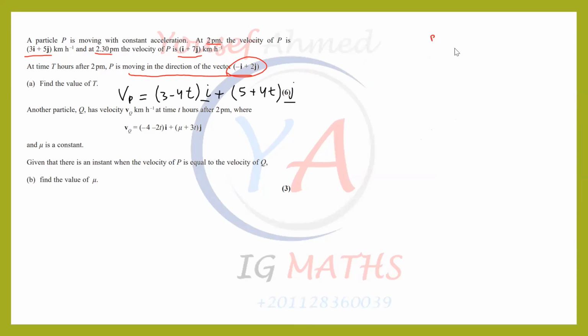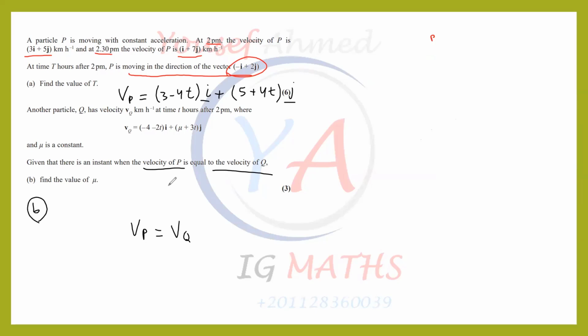So let's work on this one. So now if I want to get mu, it says the velocity of P is equal to the velocity of Q. So we can equate these two together. Vp is equal to Vq. This is for part B.